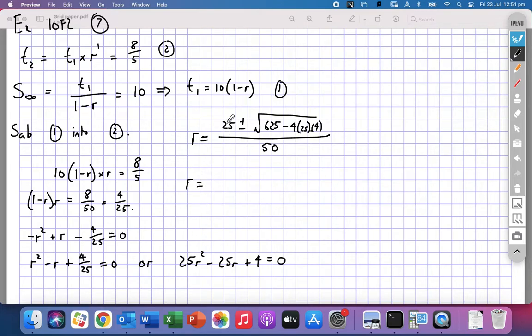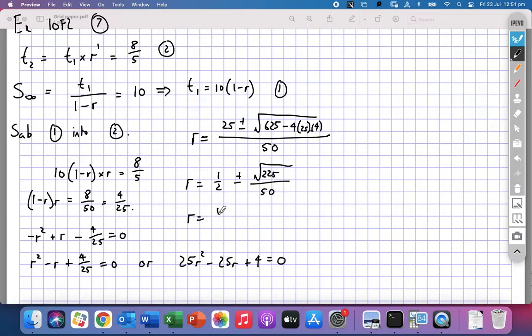Minus 4 times 25 times 4 is minus 400. So you've got the square root of 225, which is 15.